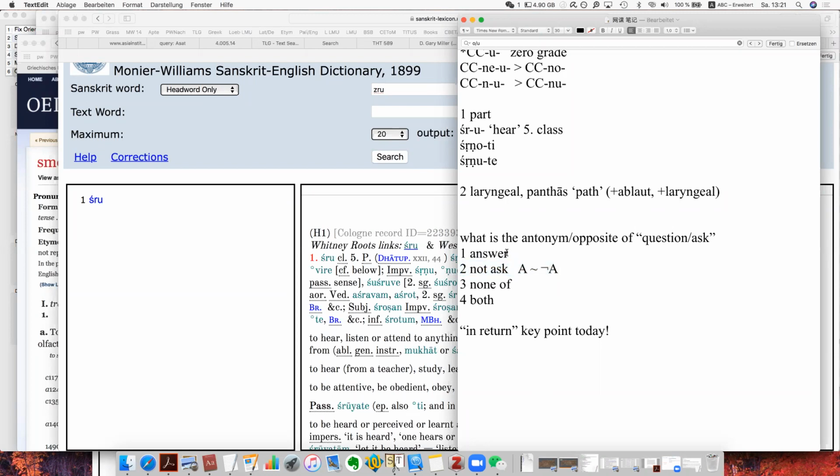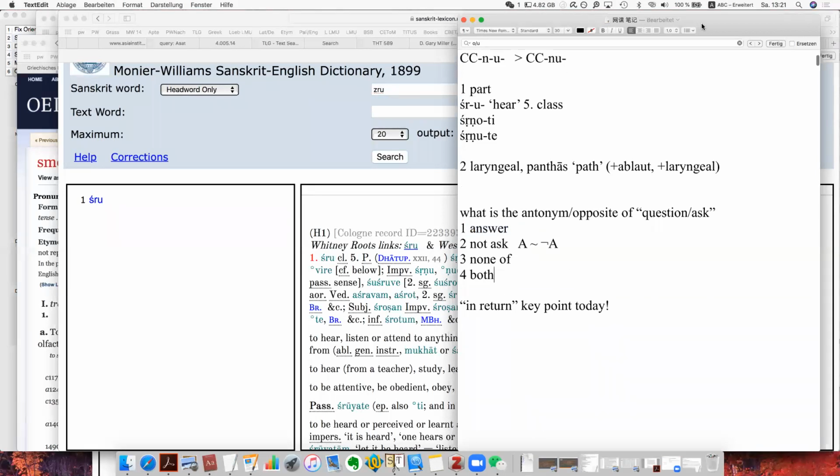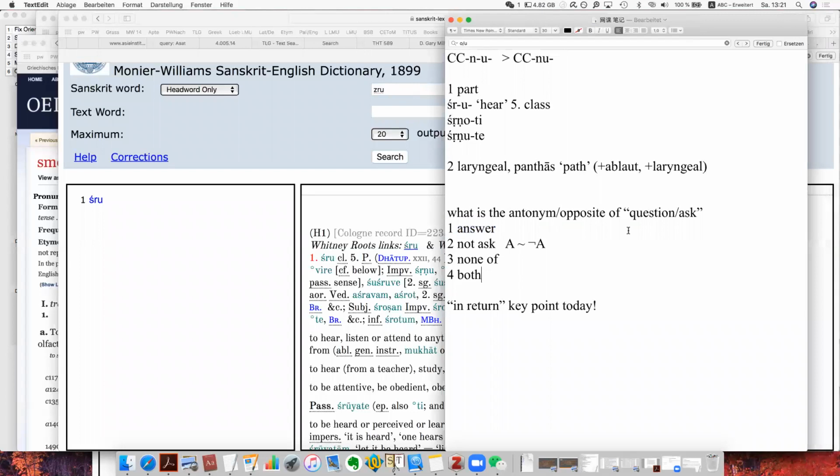The normal answer should be answer, the normal reply. This is used in a, how do you say, reciprocal, communication context. If I ask a question, then the opposite is that you answer it.